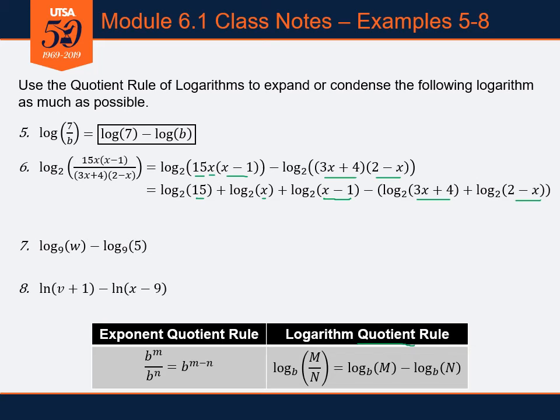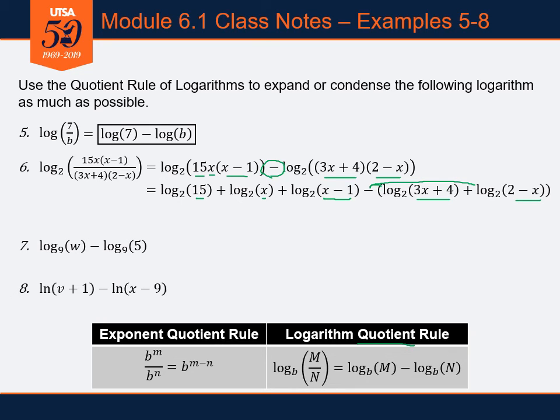Similarly, with log base 2 of 3x plus 4 and log base 2 of 2 minus x, there's no more factoring that can be done to split that any further. We're done. The only reason I haven't boxed that answer yet is because there's one step that we can take. We can distribute this minus sign across to these two logarithms, because the minus sign was applied to this entire logarithm in the first step.